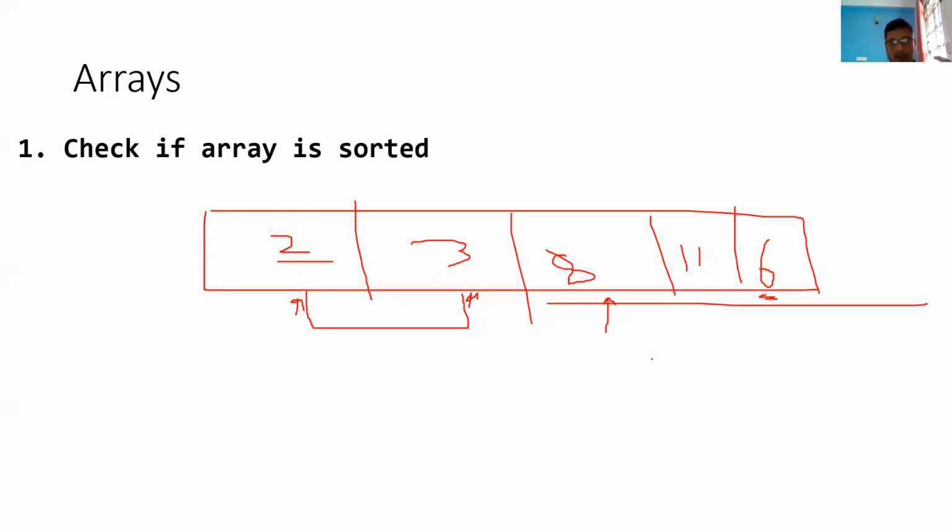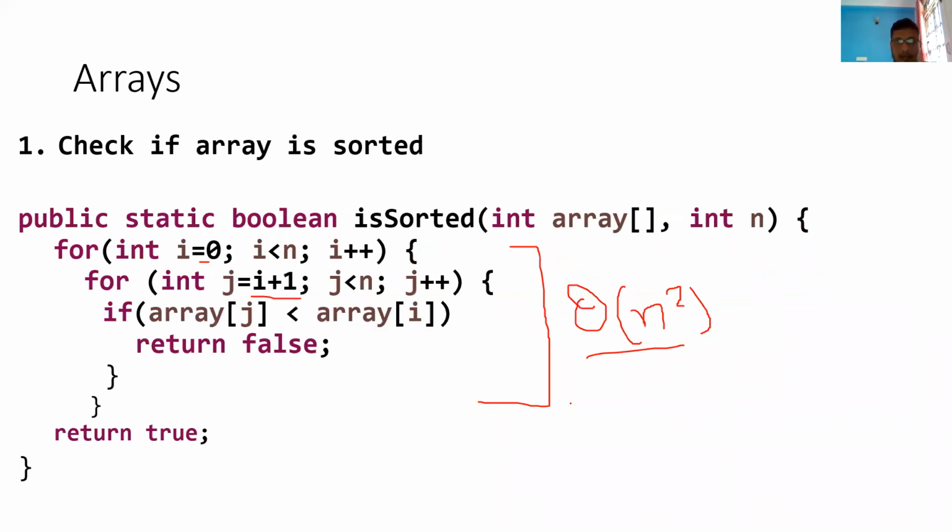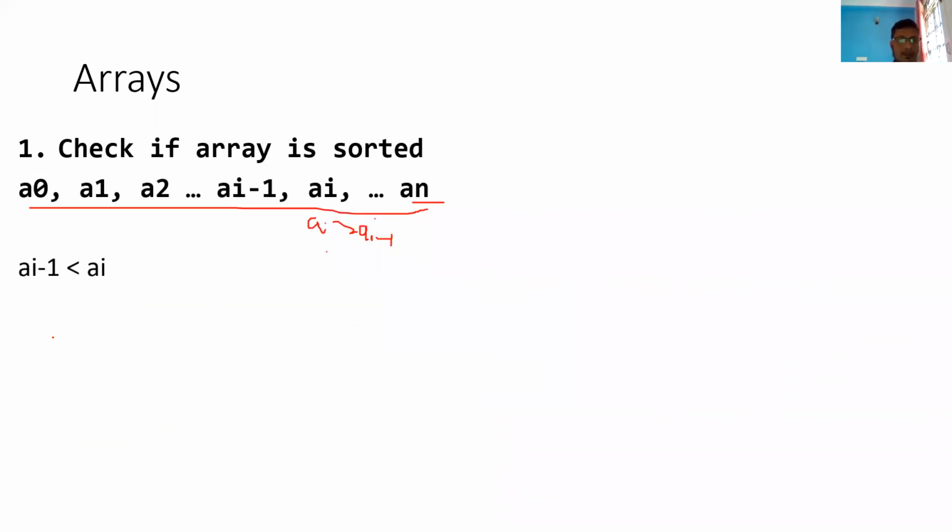Similarly for these two, 8 should be greater. In this case it is not sorted because 6 is lesser. It is not greater, right? So that is the property we use, and we can achieve it in much better time. So we can always say a of i minus 1 is always less than a of i.